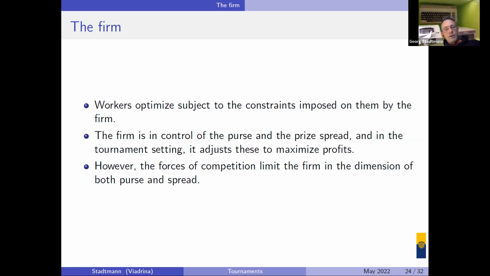It is very important that we remember that the firms, the tournament organizer, are operating in the market structure of perfect competition, so that the tournament organizer in the end will not make a profit. I'll come back to that in about 2 slides.